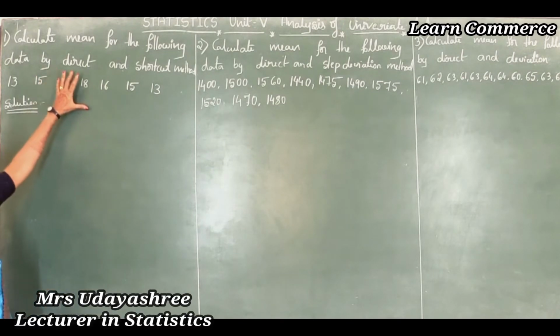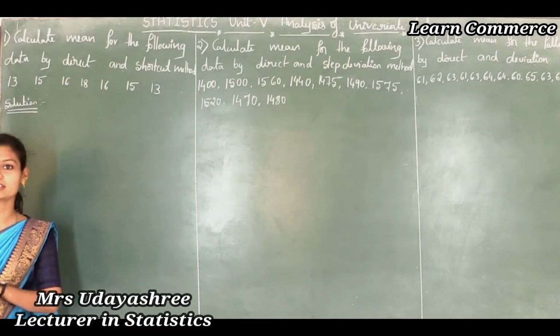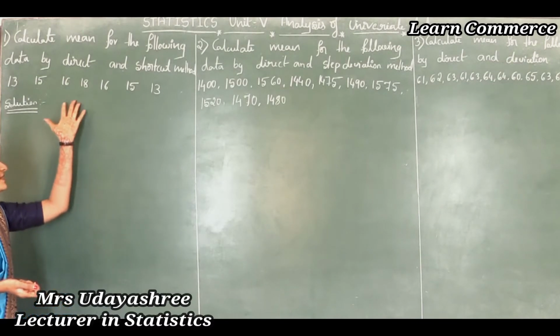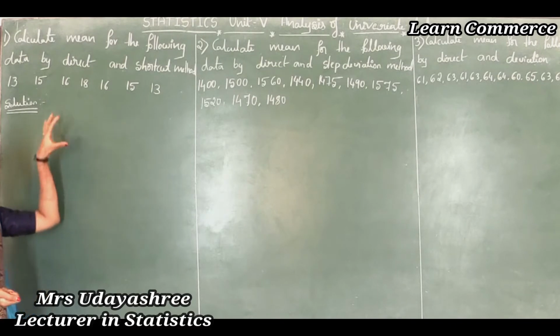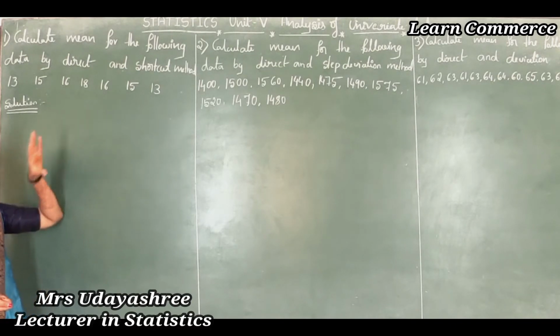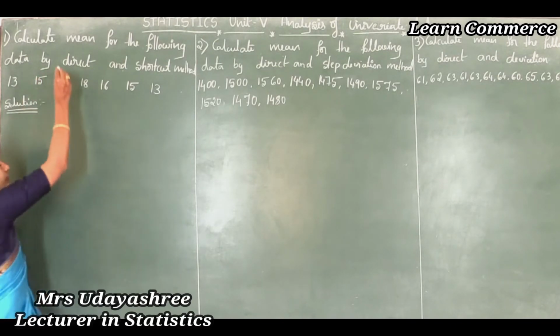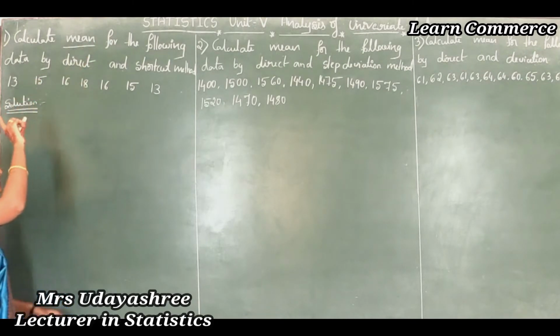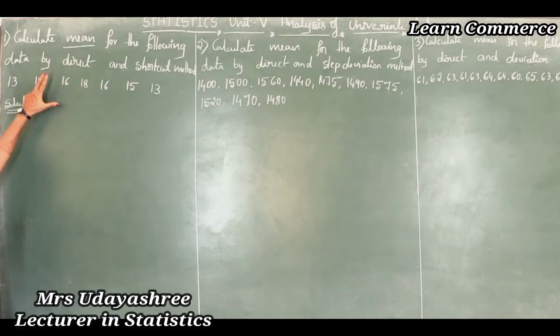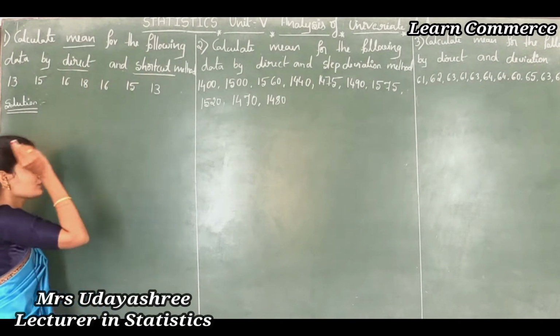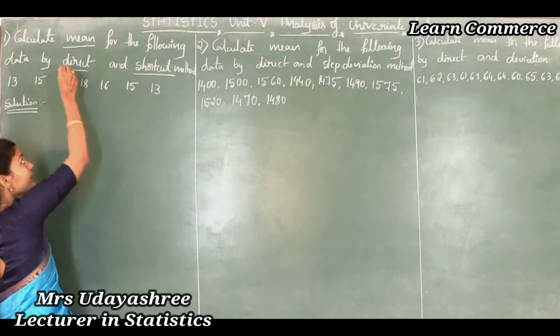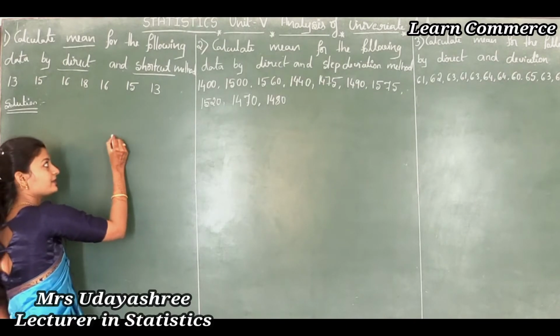Only one set of observations is given, in the sense that these are X observations. So these are ungrouped data, and here we need to calculate the mean by using the direct and shortcut method. First, let's see how to solve for the mean in the direct method.